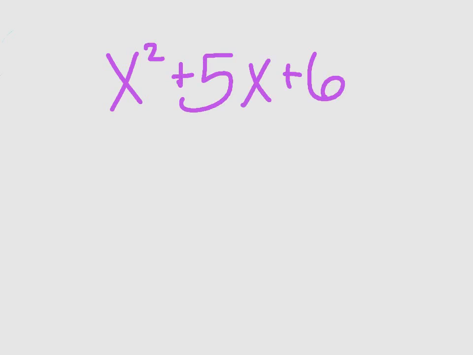Okay, so what we have here is x squared plus 5x plus 6. Now we're going to find two factors of 6 that add to equal 5. So these are going to be 3 and 2.